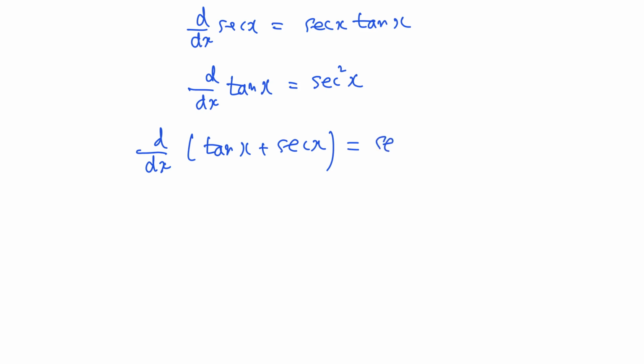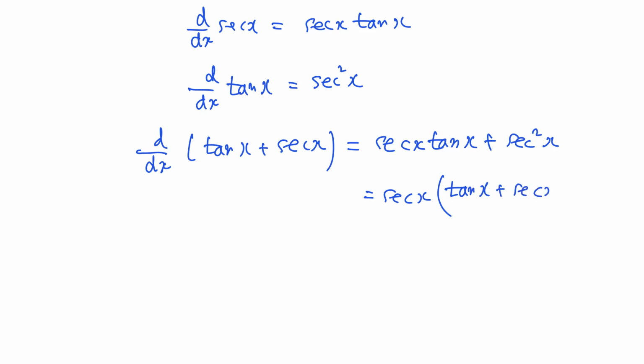That's secant x tangent x plus secant squared x, which is secant x times tangent x plus secant x. You can combine them together. Uh-oh, something very interesting, right? This term and this term are the same, right?